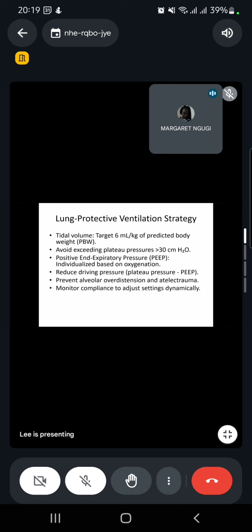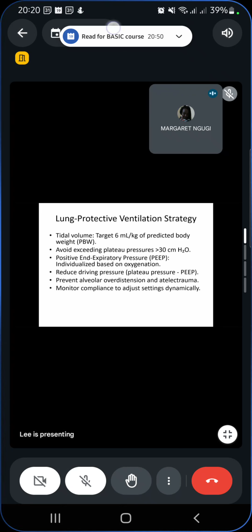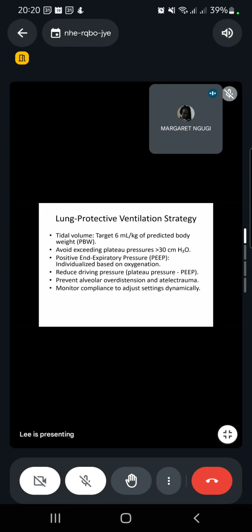So what are the lung protective ventilation strategies? As you're managing this patient, there are goals that you want to meet. One, you know the indications for ventilation in ARDS: if the patient has a reduced SpO2, less than 80.